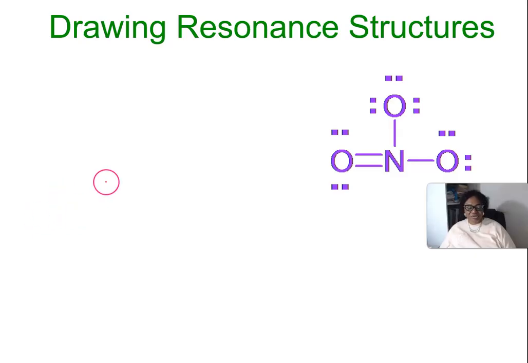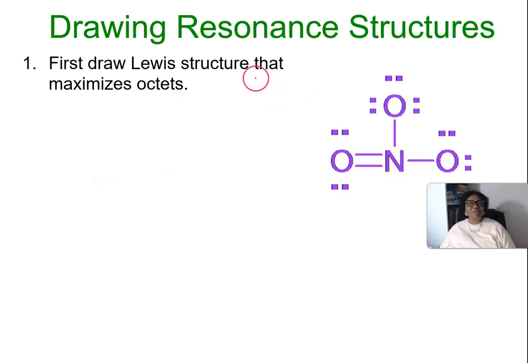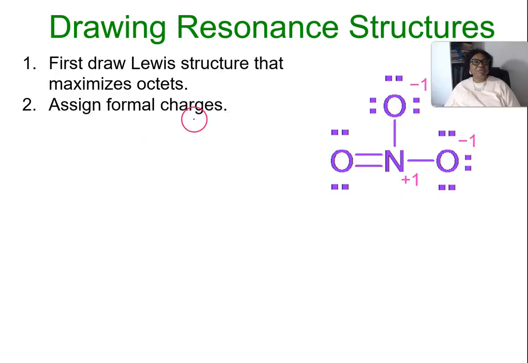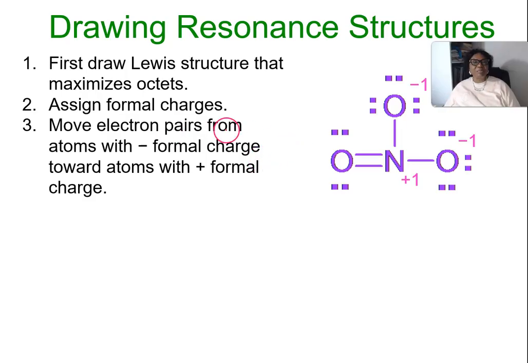To draw resonance structures, first draw the Lewis structure that maximizes the octet. Assign formal charges. Move electron pairs from the atom with negative formal charge to the atom with positive formal charge.